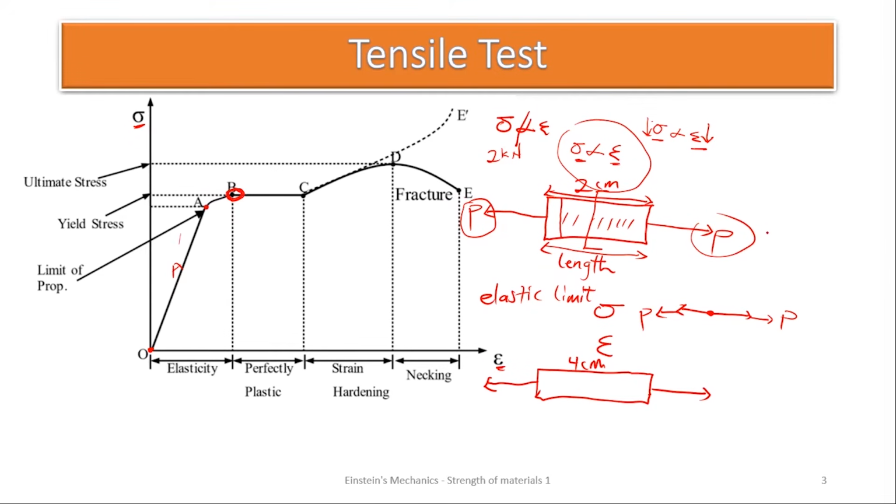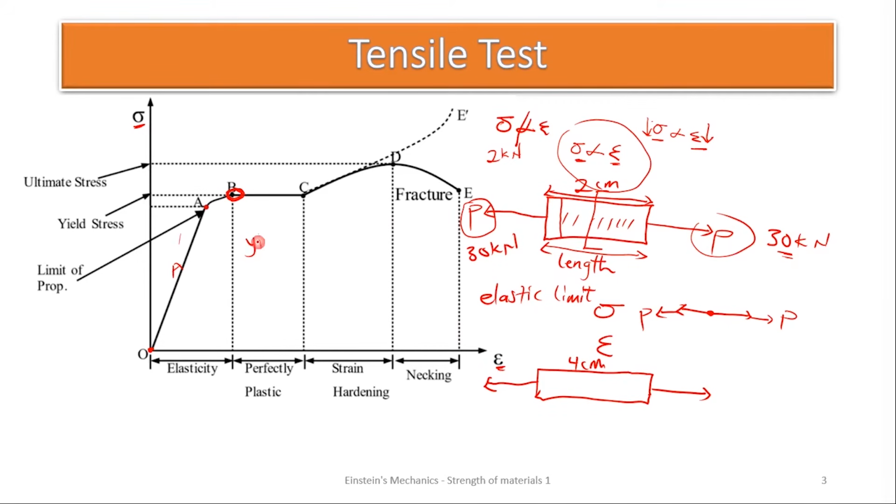If we took a magnitude of 30 kilonewton force in tension, so 30 kilonewton force that was applied initially, still none of the forces was increased, but at this point B to C, the material itself is going to elongate. It is called yielding.